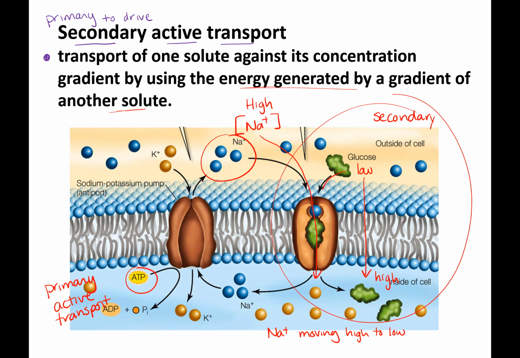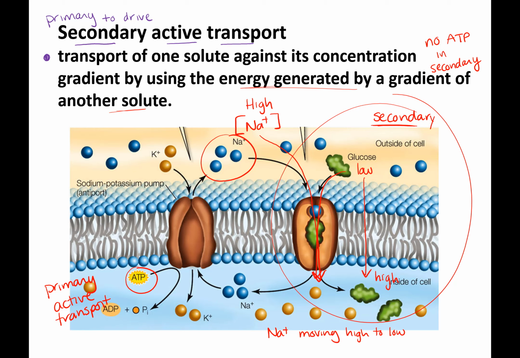And it's bringing with it glucose going low to high. So glucose is being moved by secondary active transport. There's no ATP in secondary. Okay. Primary uses the ATP, creates a concentration gradient, and brings something through it.